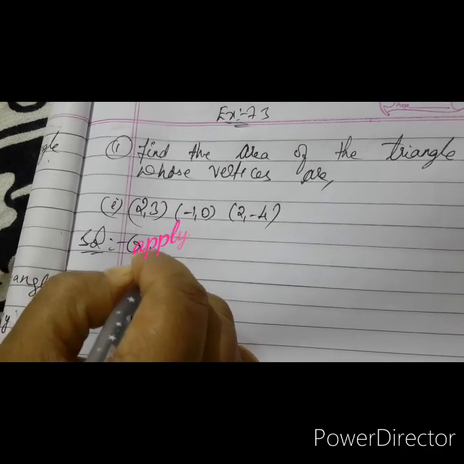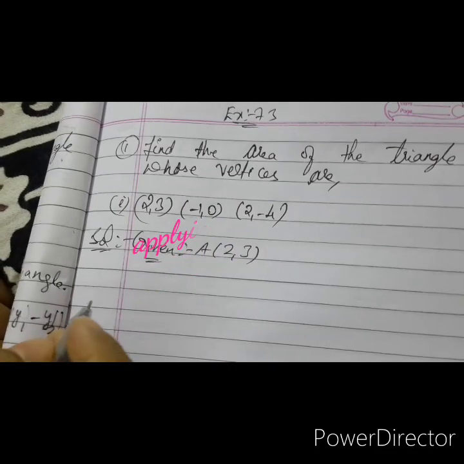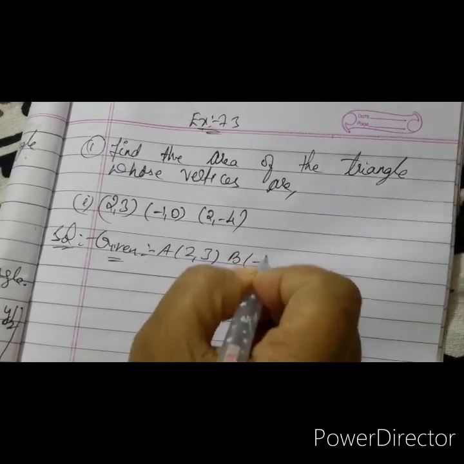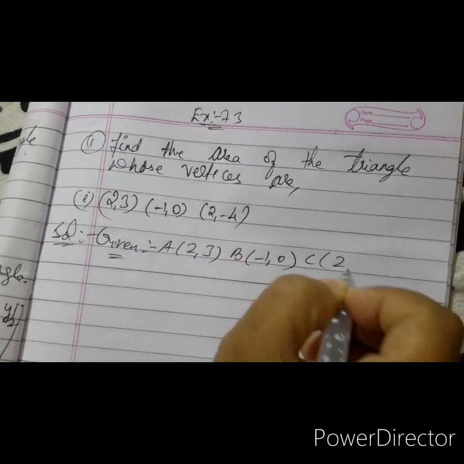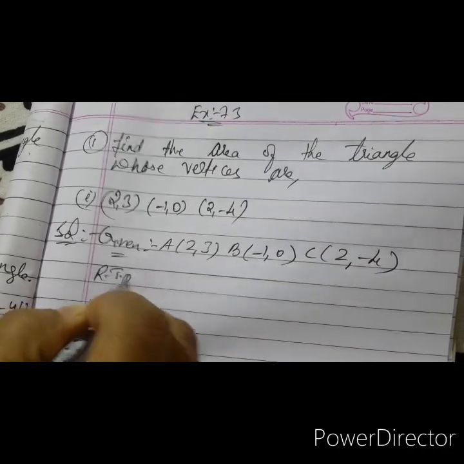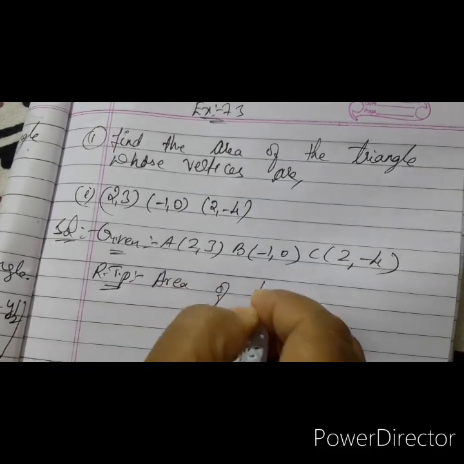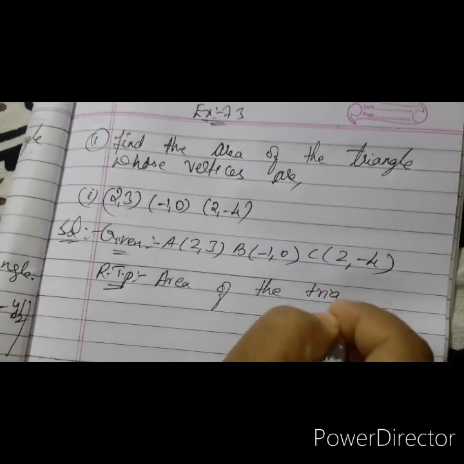First I will write given: A (2, 3), B (-1, 0), C (2, -4). What we have to find out, that is RTP: find the area of the triangle.